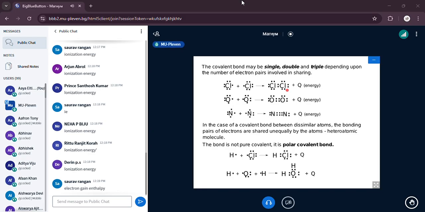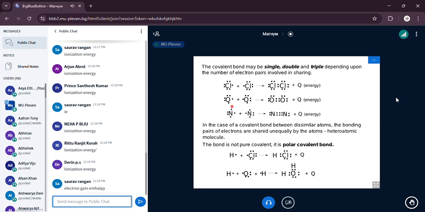So in this example, this electron pair is shared between 2 chlorine atoms. The other electron pairs are named lone electron pairs or not shared.